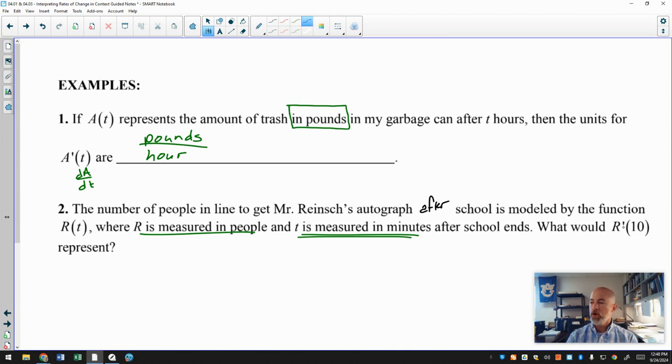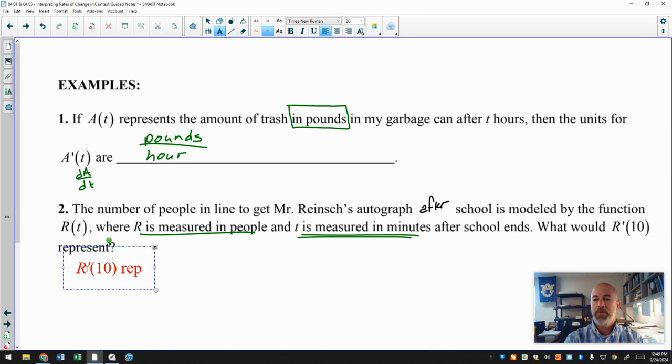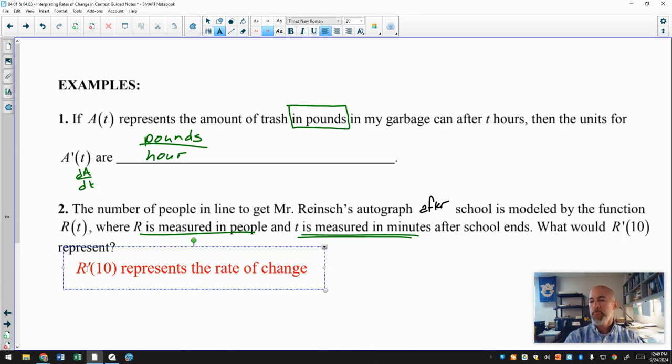Okay, well, we're talking about R prime. We're talking about the derivative of R. So R prime of 10, and I think I'm going to type this because I can type a lot more efficiently and legibly than I can write. So R prime of 10 represents, it's the rate of change of R. It's the derivative of R, and so it's the rate of change of R, except I don't want to say of R, because that kind of begs the question, what is R?